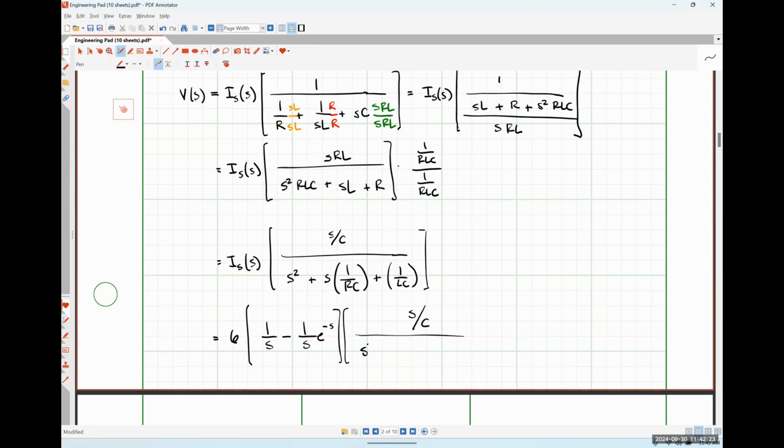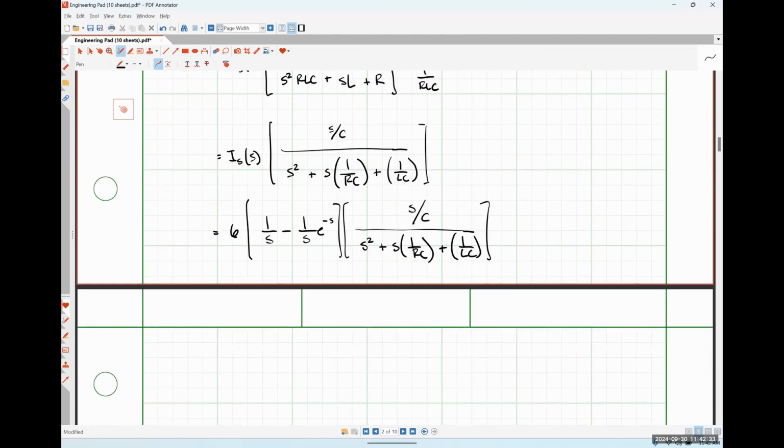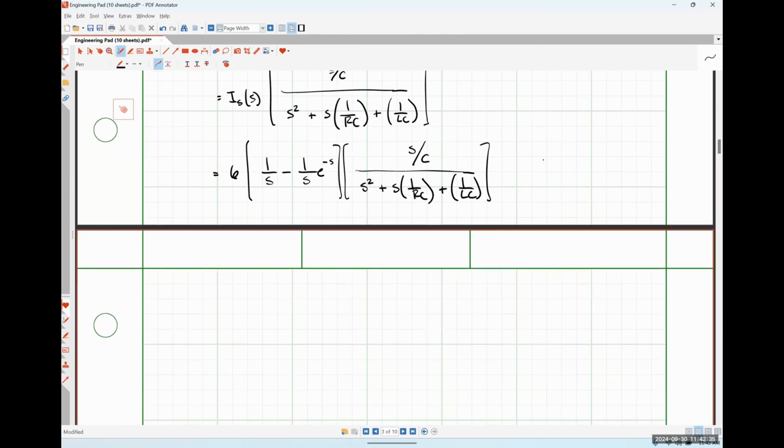divided by s squared plus s times 1 over rc plus 1 over lc, like so. Or six s over c.